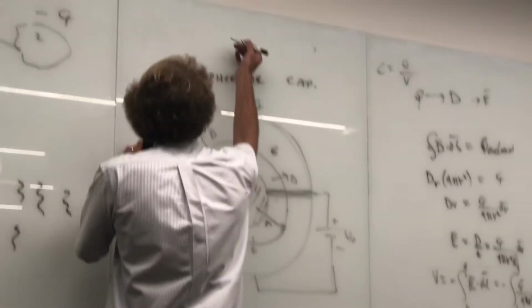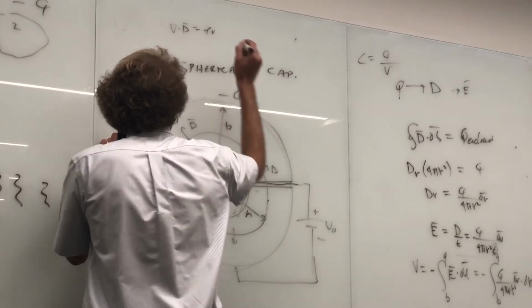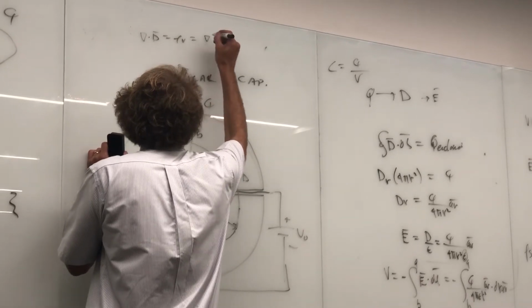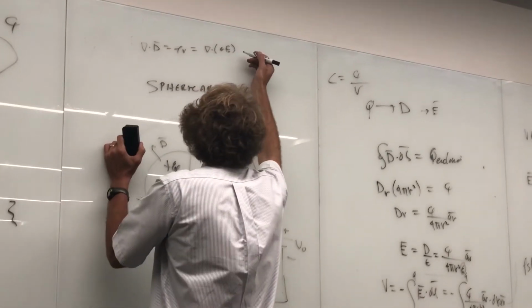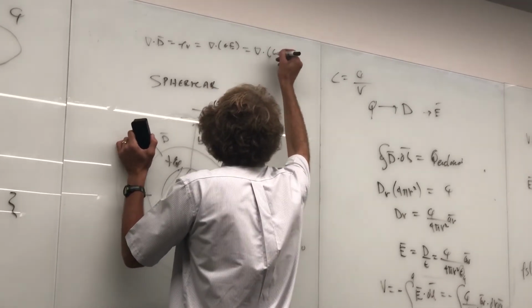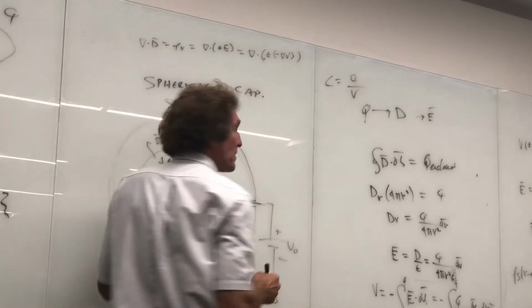Remember when we had divergence of D is equal to rho V, right? And then we said that, well, that's equal to the divergence of epsilon E, right? Right there. And that's equal to the divergence of epsilon times minus the gradient of V. Follow me?